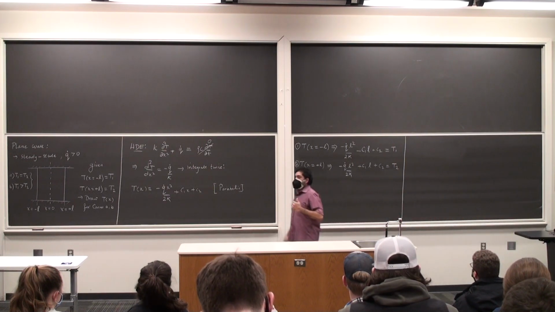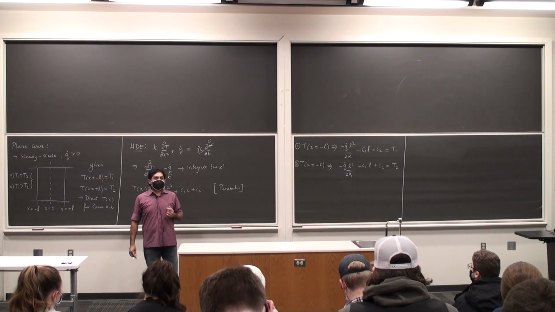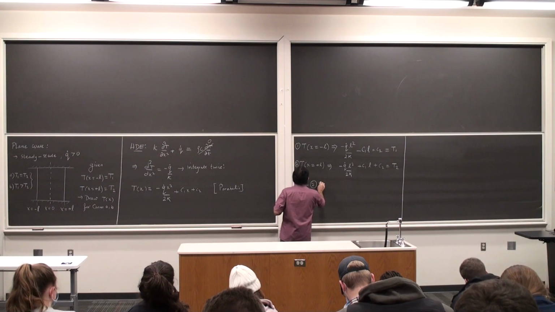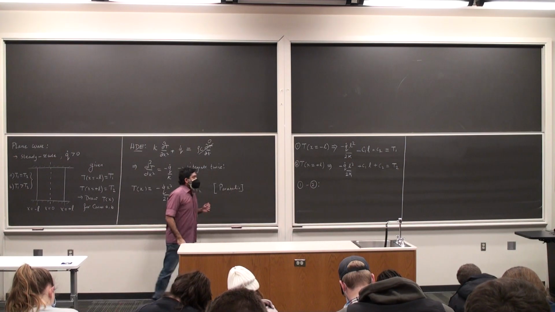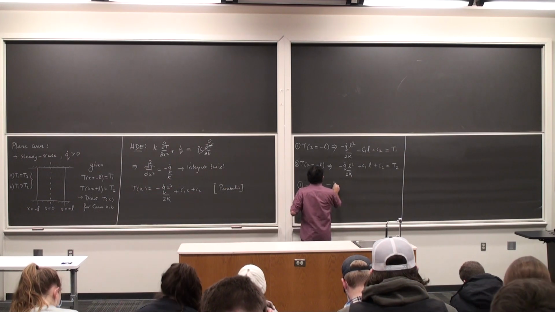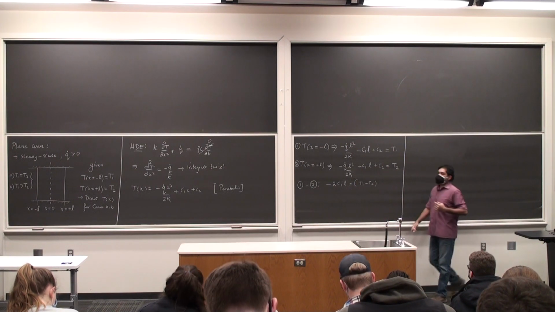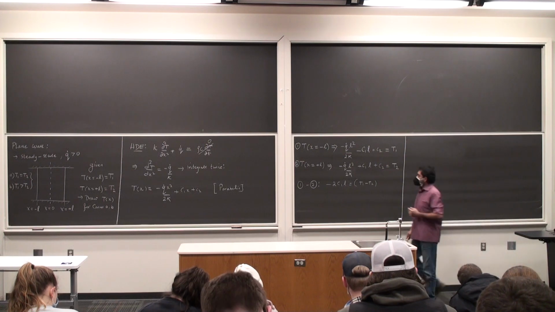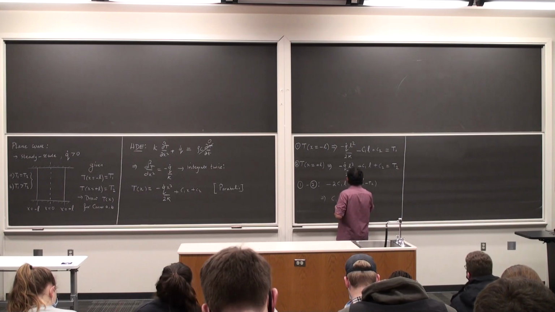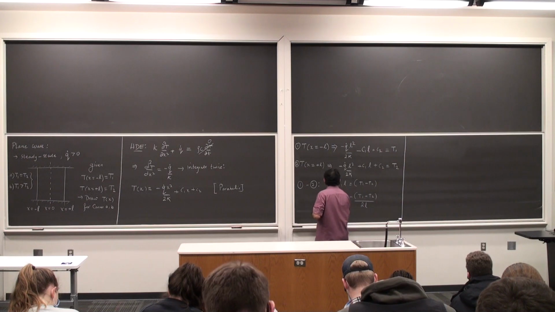I subtract 1 from 2, I can get C1. Once I get C1, I can plug it back into either 1 or 2. No harm done. Okay? So 1 minus 2, minus C1L are the only terms remaining on the left hand side. So minus 2 C1L is T1 minus T2, or C1 is the following: minus (T1 minus T2) by 2.